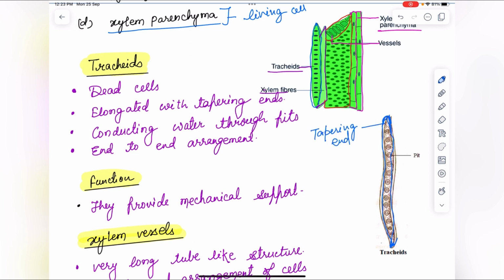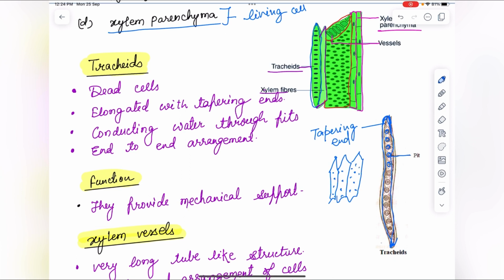They conduct water through pits. You can see the small pores, which are called pits, which help in the conduction of water. There will be an end-to-end arrangement. Small pits will be present and water will flow through the pits.